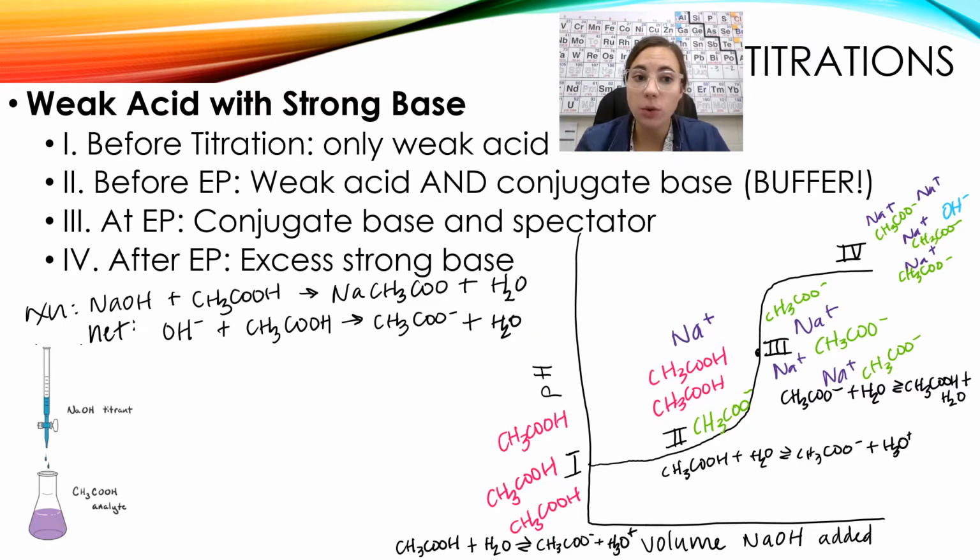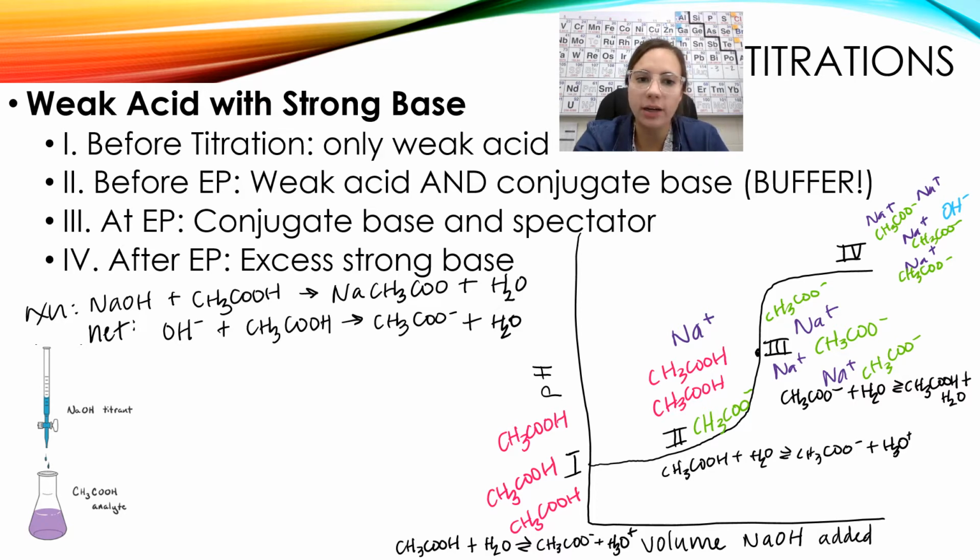So we're going to focus again on our 4 main regions of a titration curve: before we reached the equivalence point, at the equivalence point, and then past the equivalence point. So here for our reaction between sodium hydroxide and acetic acid, we create sodium acetate and water.